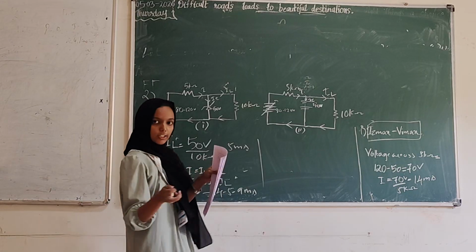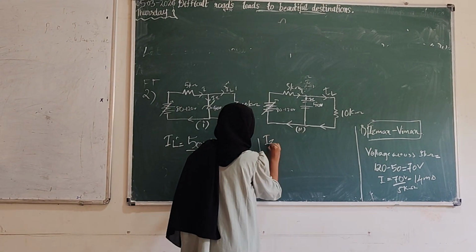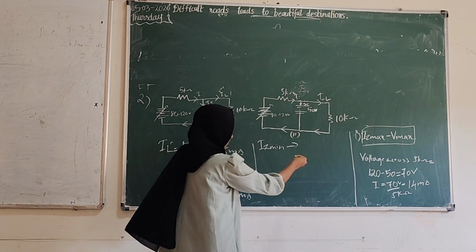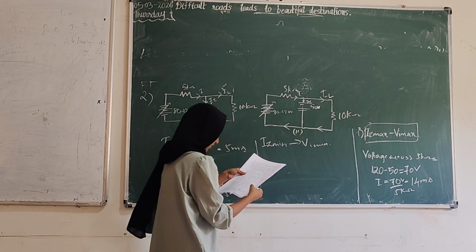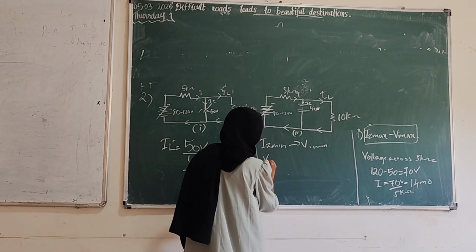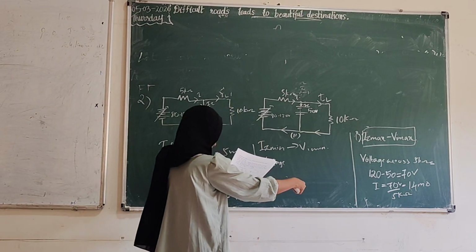Then we want to find the minimum zener current. For that, we want to consider VI minimum. First we want to find the voltage across the 5 kilo ohm.